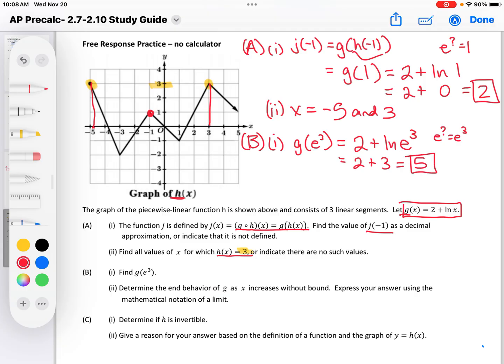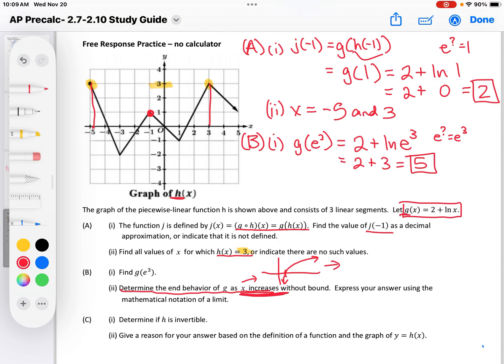For part 2, I'm going to do part 2 down below here. It says determine the end behavior of g as x increases without bound. Well, g is just a natural log graph shifted up 2 units. So it's going to have a look something similar to this, but shifted up 2 units.